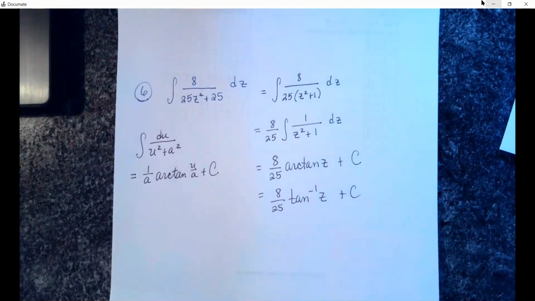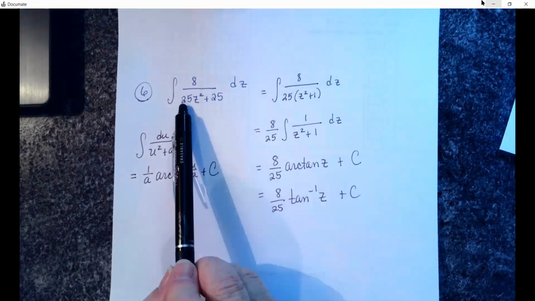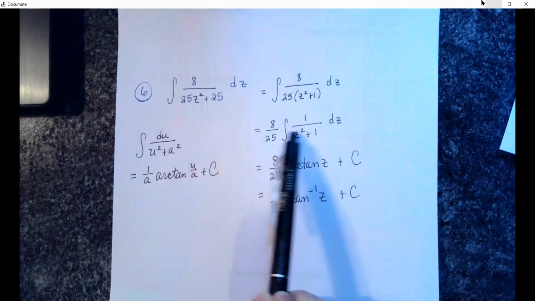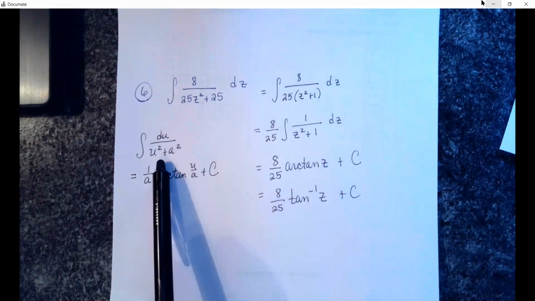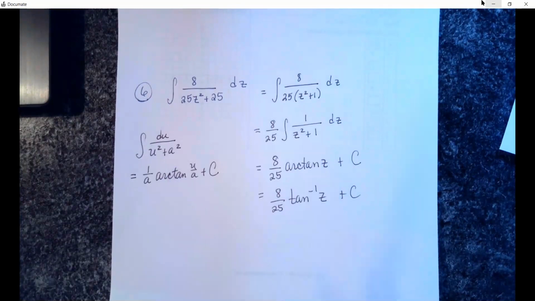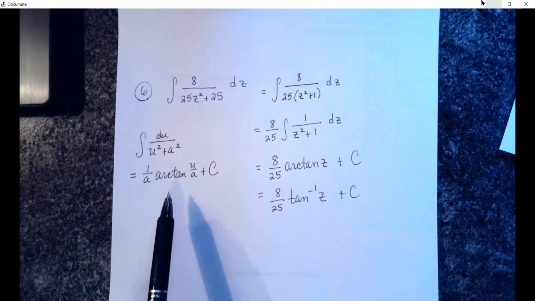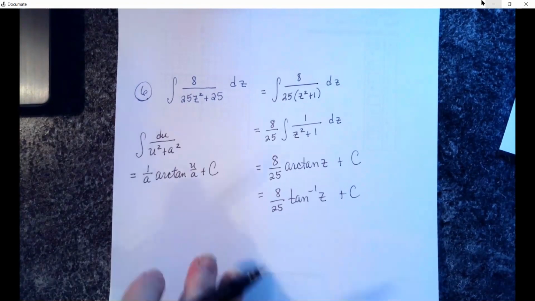It's just sometimes this constant and this constant are different numbers. So just factoring it out front and getting a z squared plus 1 is kind of a painful process. But if you do it for an arbitrary setup like this, you end up with 1 over a arctan of u over a. These are the ones I particularly recommend that you make flashcards for and try to memorize, because it will save you a lot of time over the course of the semester.